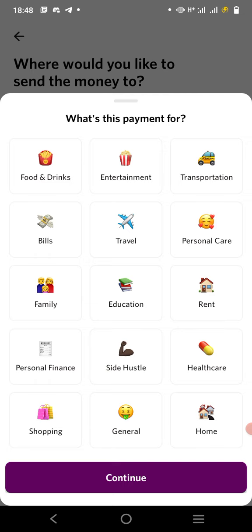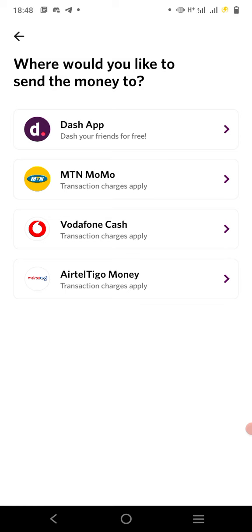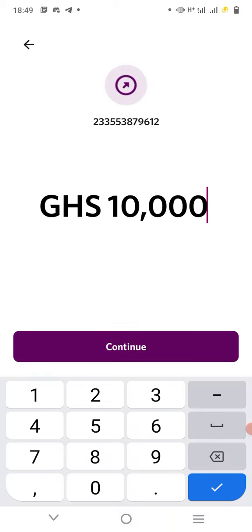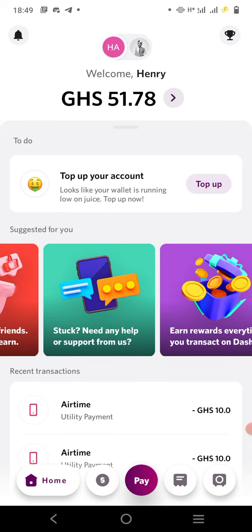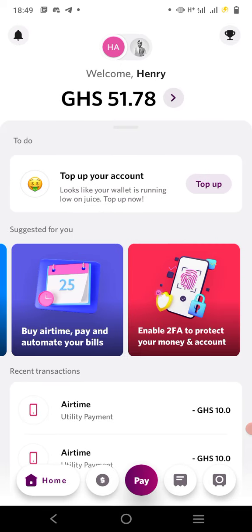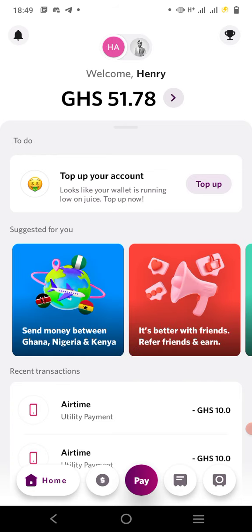Remember that for Nigerian accounts, if you feel you need a Dash Plus subscription, you can go for 3 million, 2 million. But what you need to understand is that for the Ghanaian account... let me get it for you.